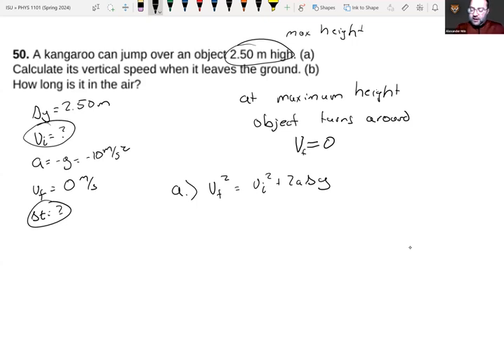So v final was 0, and that's equal to v initial squared plus 2 times negative 10 times 2.5. That is going to give us 50 equals v sub i squared.